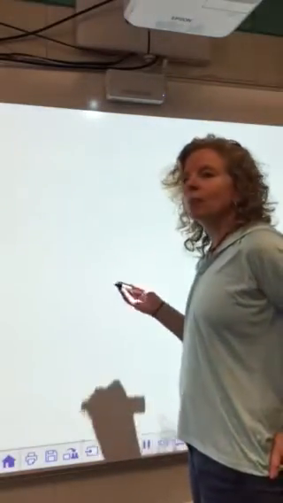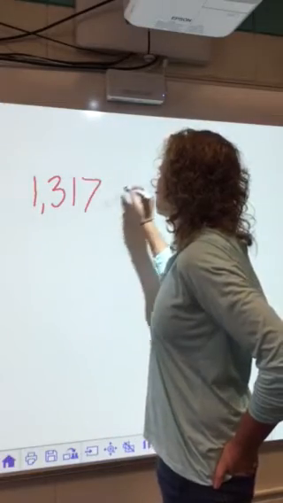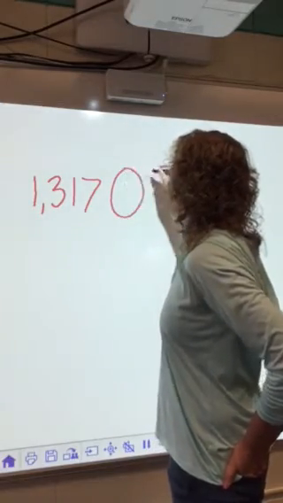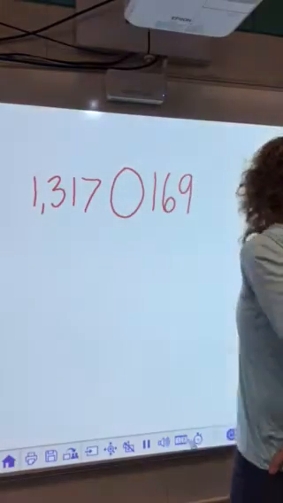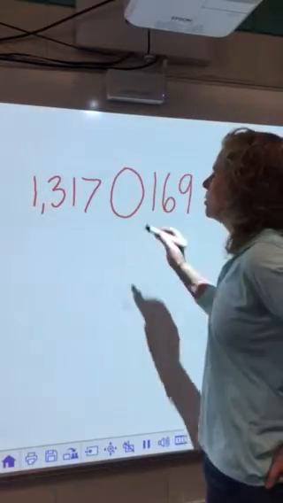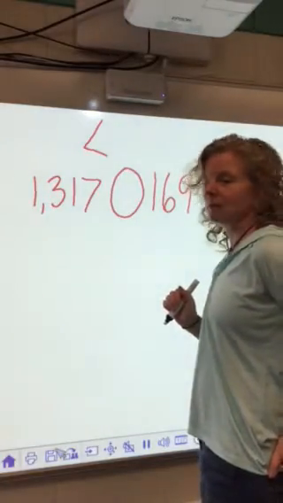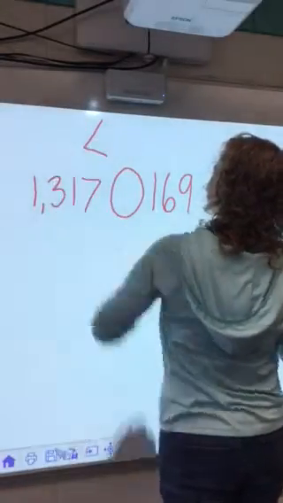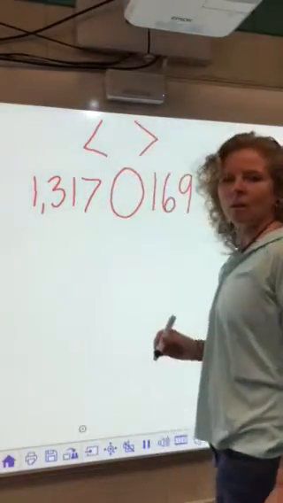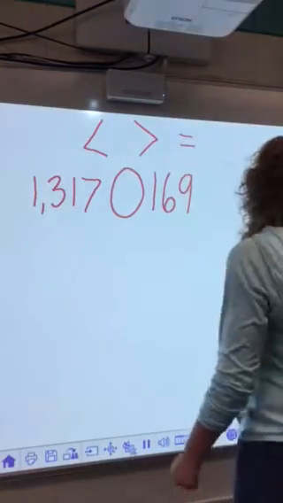So now, when I'm looking at how do I compare numbers like this, well, I'd have to decide, do I want less than, greater than, or equal to in that box?